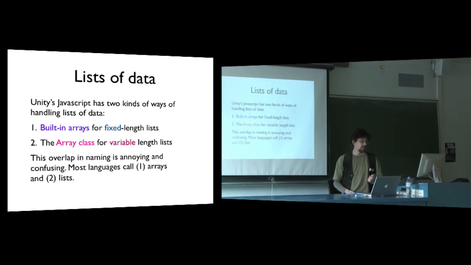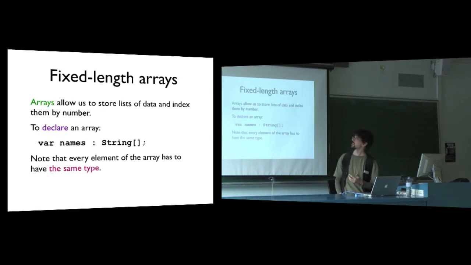It's really annoying. So today I'm talking about fixed length arrays. Later on we'll deal with variable length lists, which unfortunately are also called arrays. A fixed length array allows us to store a list of data for a certain number of elements.